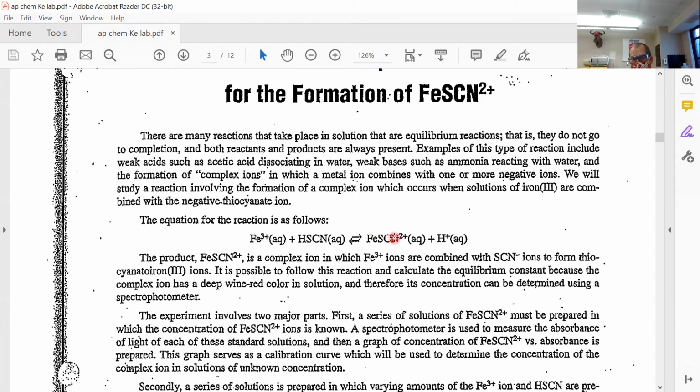If we know the absorbance and the concentration of FeSCN+2, we can match concentration to absorbance and create an absorbance curve. In part 2, we can take unknown solutions, use our absorbance curve to find the concentration of FeSCN+2, then solve other parts of the problem and ultimately figure out an equilibrium constant.